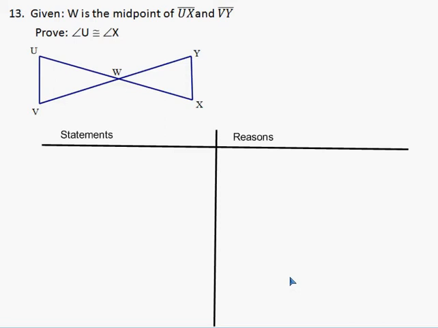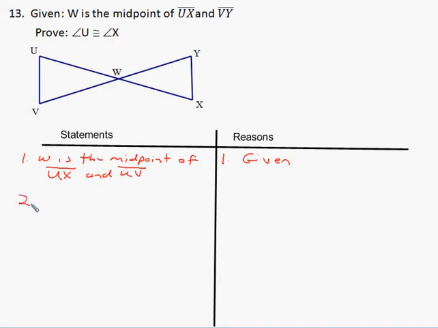So what we'll do is we'll start off by writing the given, and so we know that W is the midpoint of UX and VY. And that's given. And that's how we start. We always start with the given.